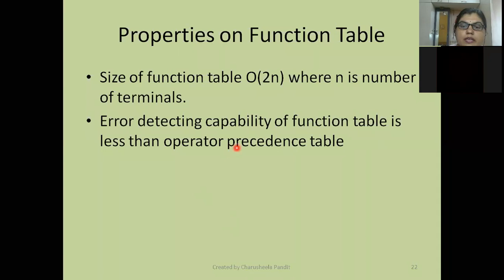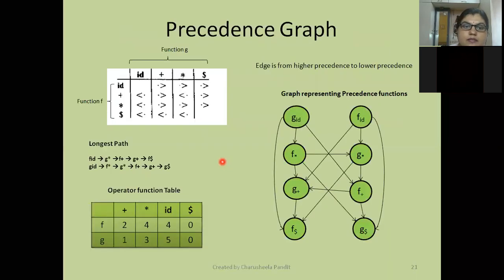But the disadvantage of this operator function table is that it is not capable of handling or detecting all the errors. As you can see in the operator precedence table, for id and $, here we have no entries. It means it is an error, because in any arithmetic statement you will not find two consecutive operands, where a is one operand and b is another operand.